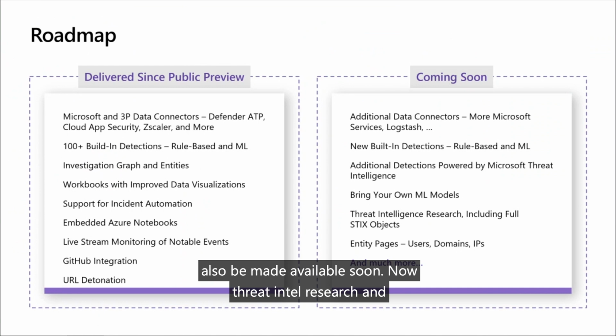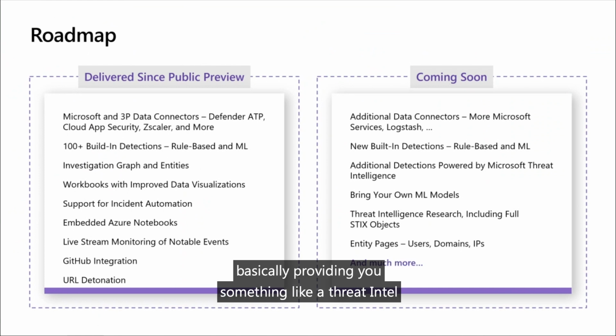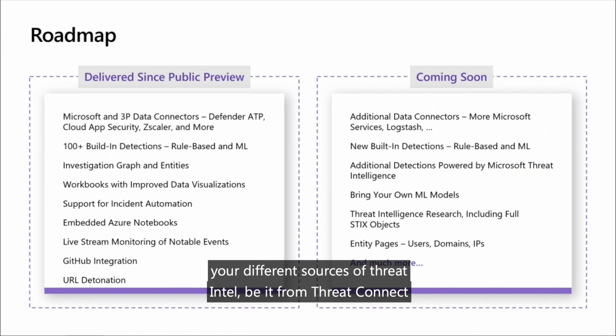Now, threat intel research and basically providing you something like a threat intel platform is something that Sentinel hopes to provide you as well, because we want to be able to aggregate and bring in all your different sources of threat intel, be it from Threat Connect, OTX, or STIX, TAXII, all of those sources, right? Wherever you are getting your threat intel data, it could be your own as well.